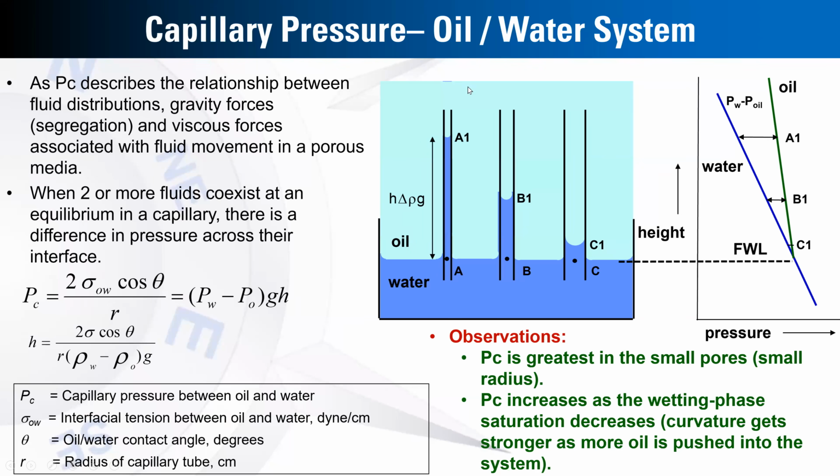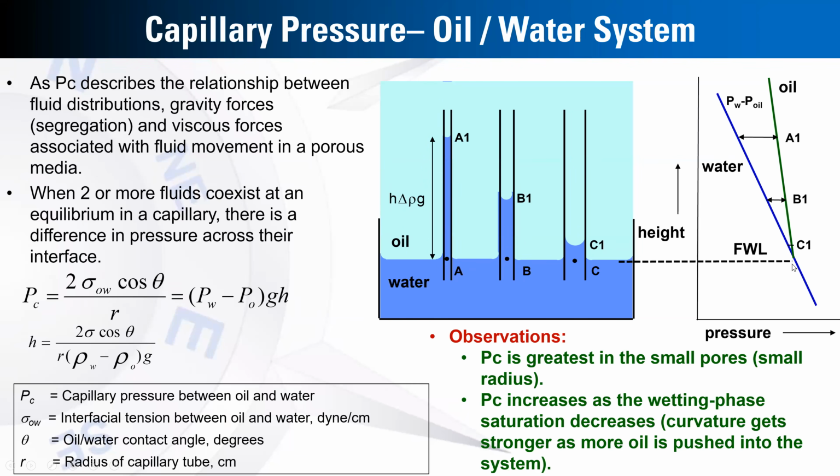So simply, as you can see in this capillary tube experiment, the capillary pressure is the highest in the small pores or small capillary radius, but the capillary pressure is minimum if we have large pore throat radius and large capillary tube radius, as you can see.